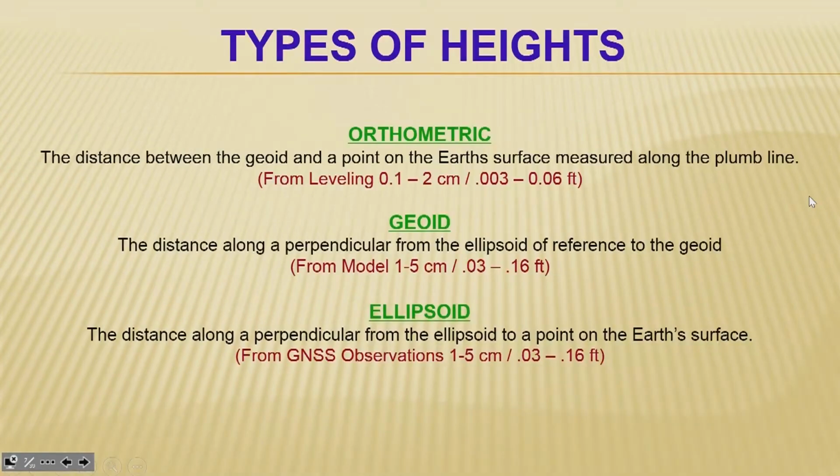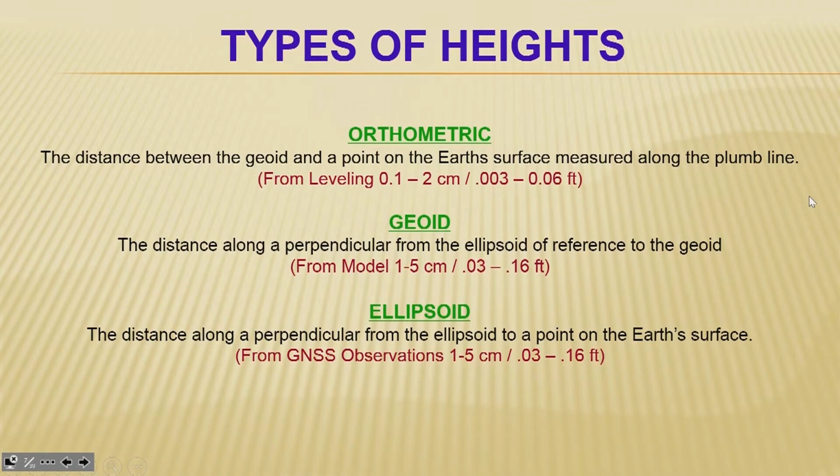So, okay. Talking about vertical datums, you have to first start talking about heights, different types of heights. And while there are a number of different types, we're only going to talk about the three most common: orthometric heights, geoid heights, and ellipsoid heights. Now I've got the definitions here.